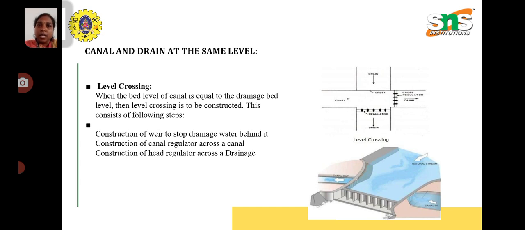It has a uniform section, and we go for the regulator, that is the gate, valve, etc. Like that, in case of drainage also we go for the head regulator. In the head regulator also there will be a gate valve, but the construction is difficult because it is a natural drainage, where the earthwork is high.